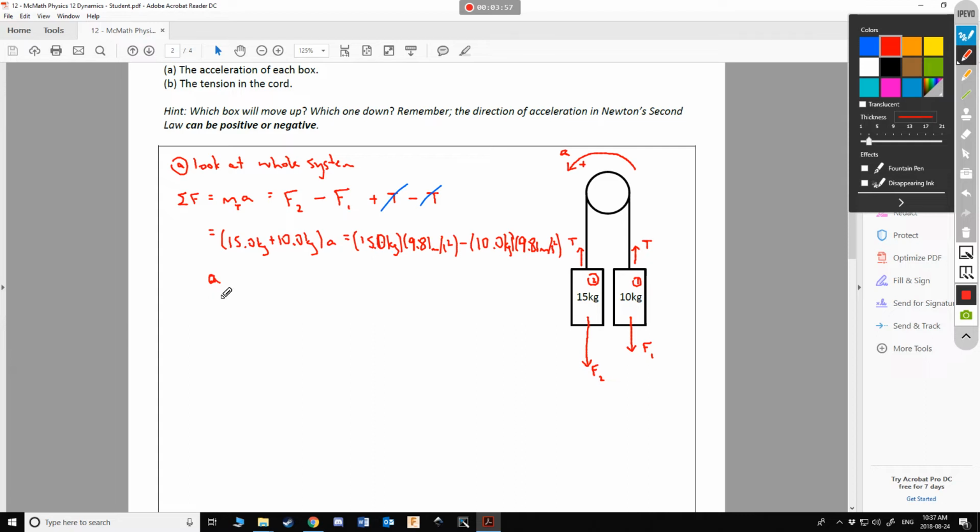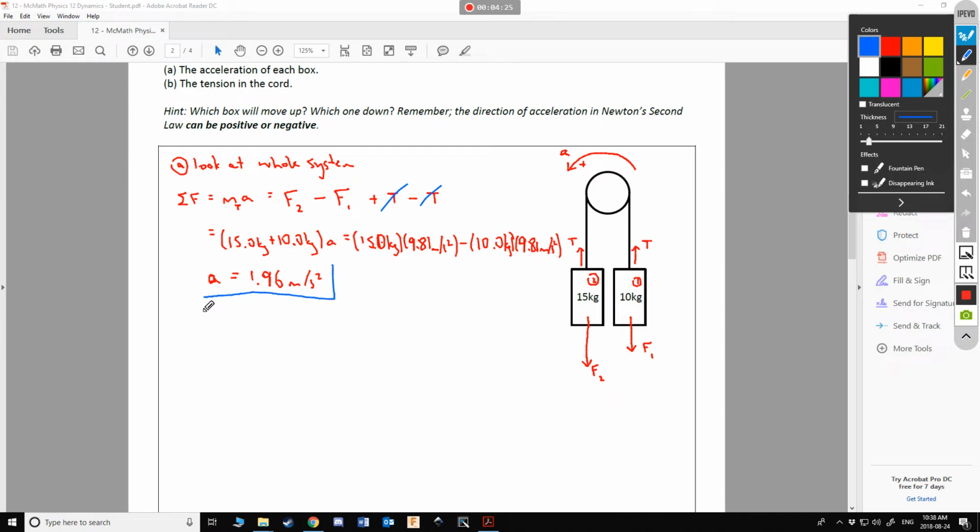When all is said and done, we solve for acceleration. We have 15 times 9.81 minus 10 times 9.81, and we divide by 25. We get an acceleration of 1.96 meters per second squared.